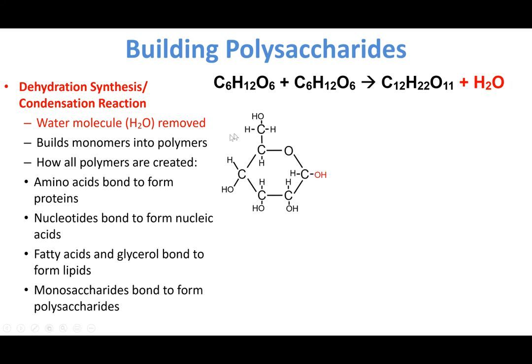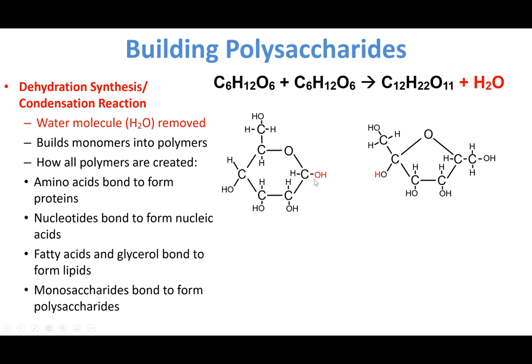So here's one monomer. This is one glucose molecule right here. See how I have that little OH there? Here's a ribose molecule. I can tell because it's got 5 sides, right? So here's glucose. Here's ribose, right? Glucose and ribose.